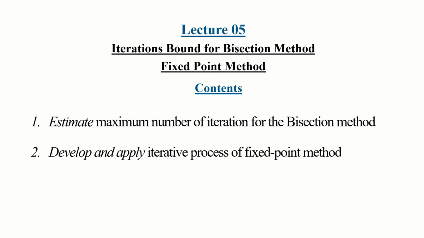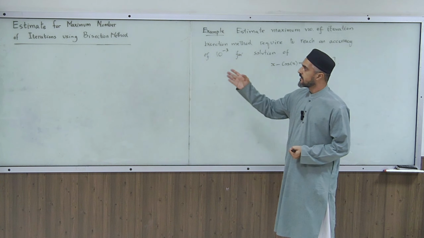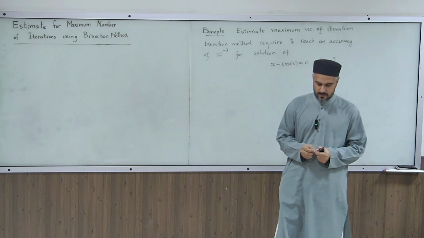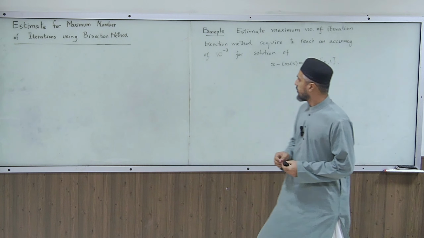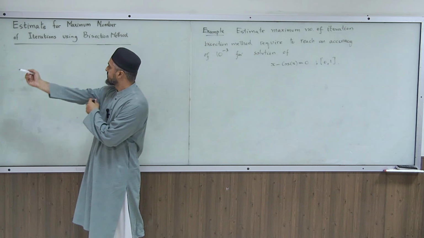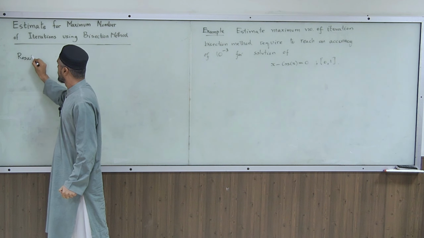Let's come to topic one of this lecture, which is the estimation of the maximum number of iterations required to reach a certain accuracy using the bisection method. We have a theorem, a result. Let me write it.